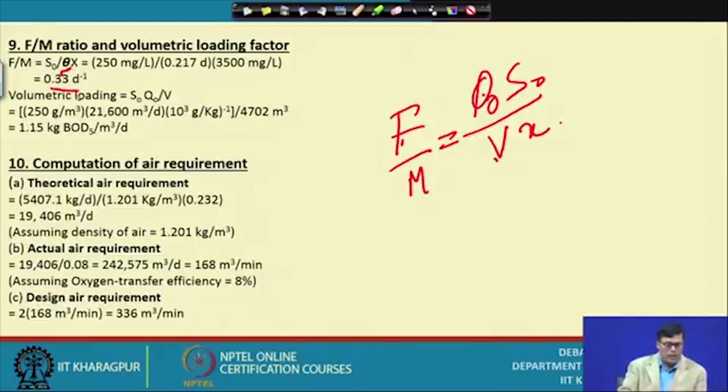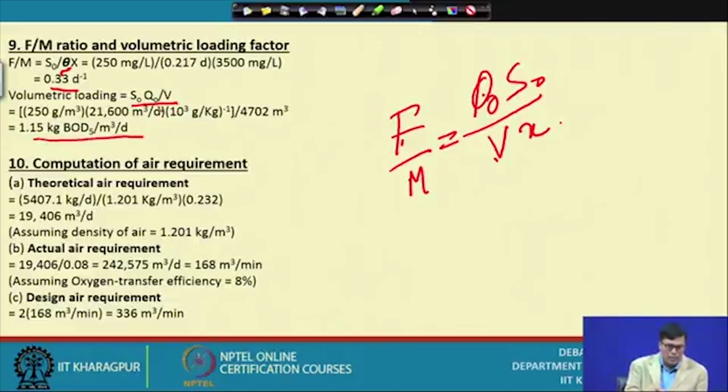So, you can easily find the F by M ratio. And then the volumetric loading, we can calculate, is how much BOD is loaded per unit volume per unit time.